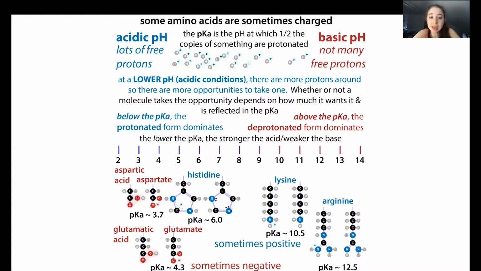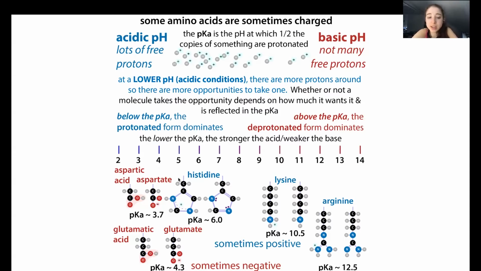If we look at the pKa of aspartic acid and glutamic acid, we can see that they're around 4. Bodily pH is around 7.4. So if we have an increase of pH, we can use the Henderson-Hasselbalch equation. I'll show you more later, maybe.